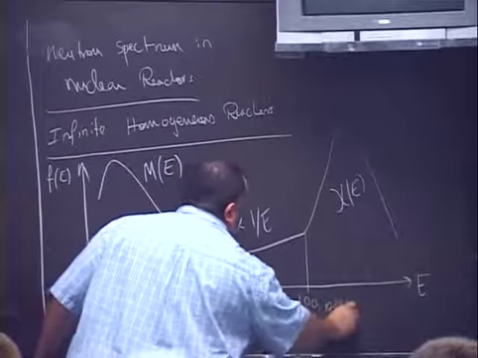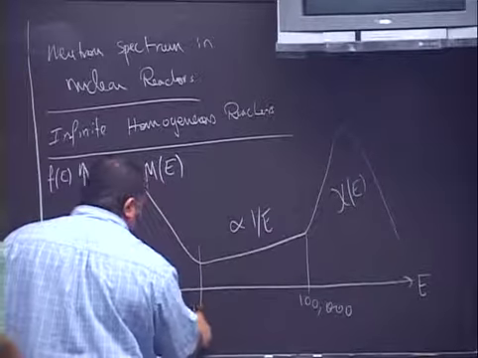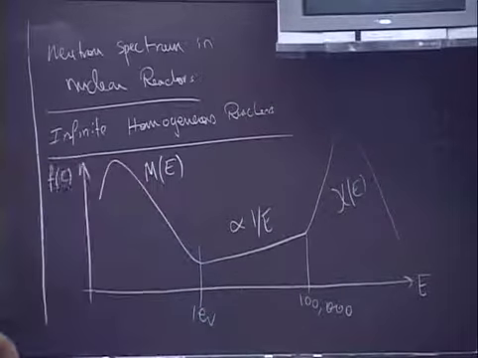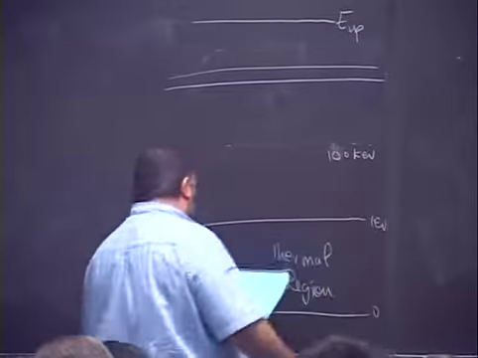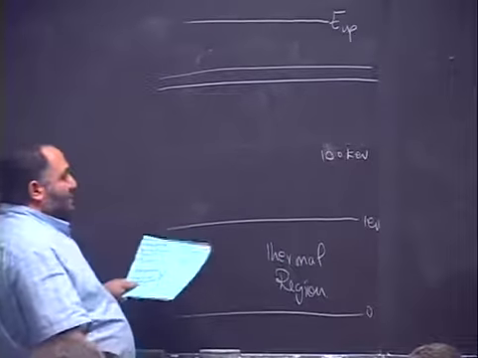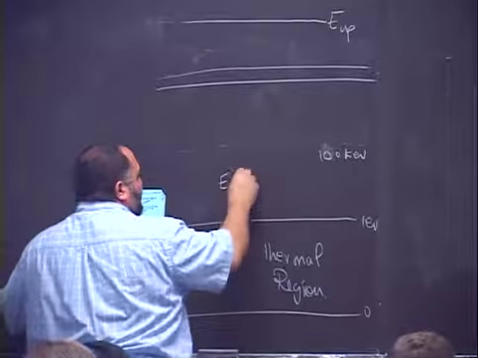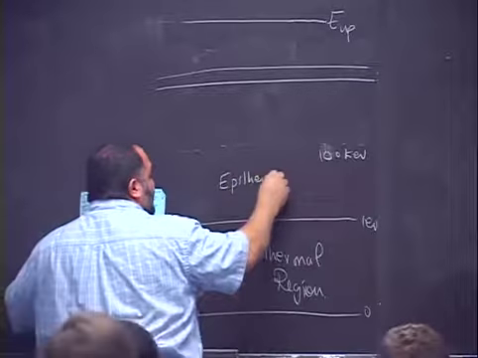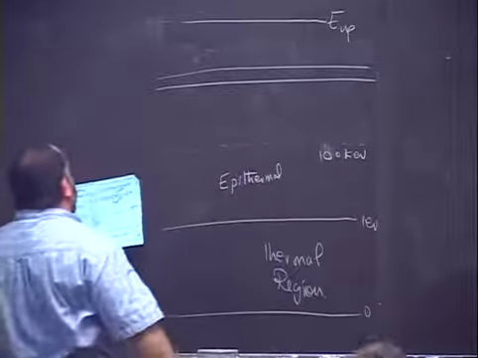So sometimes they call it 50, but let's assume that it's 100,000. And this is 1 electron volt. So let's assume that this is 100 kilo instead of 50. So this is the cutoff for the epithermal. Epithermal. And this will be the upper bound here.